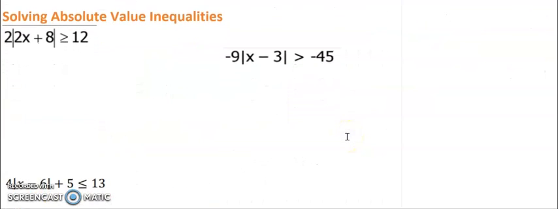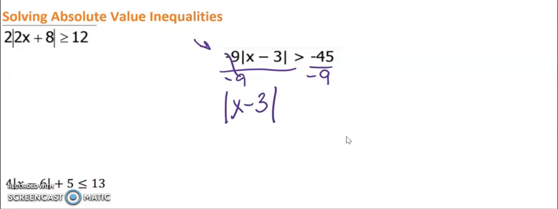Now, solving absolute value inequalities is set up just like an equation of absolute value. The only difference is that if you multiply or divide by a negative, you have to flip the sign. Okay, so I want to do this one that's got the negative in it. So here we would divide by negative 9, because remember the first step is get the absolute value alone.